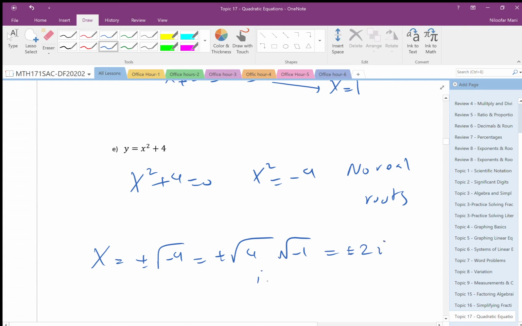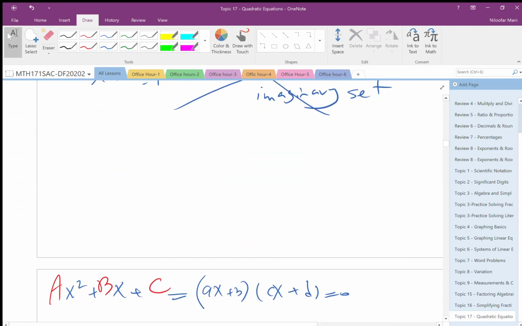Imaginary, yes, but I'm not talking about imaginary numbers here. When I say I am looking for real roots, there are no roots here, so I do not consider these, because they are not real numbers.